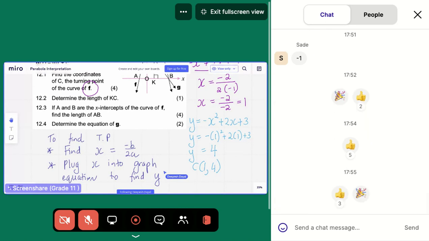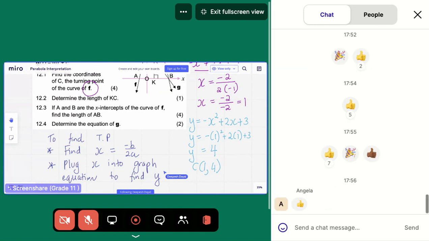Rabone? Okay. Sipesihle, are we all in the same place? Tumelo, do you know how to find the x value of the turning point now? Yes, sir. Is it minus b over 2a? Yes. Will you remember that? Yes, sir. Okay, great. So write it down and keep it for your revision.